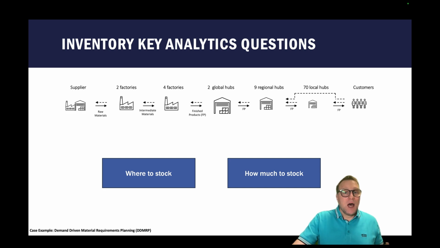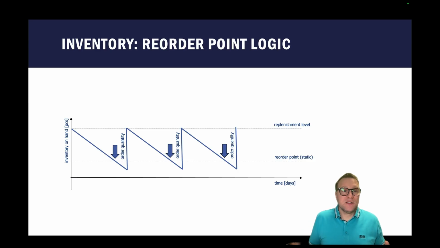Let's start with how much to stock and how the so-called replenishment cycle is typically done. This is a very simplistic so-called reorder point logic. That means you see here a curve which shows your inventory in hand, maybe at one location, and the curve is going down. That means you're consuming parts of your products from stock.